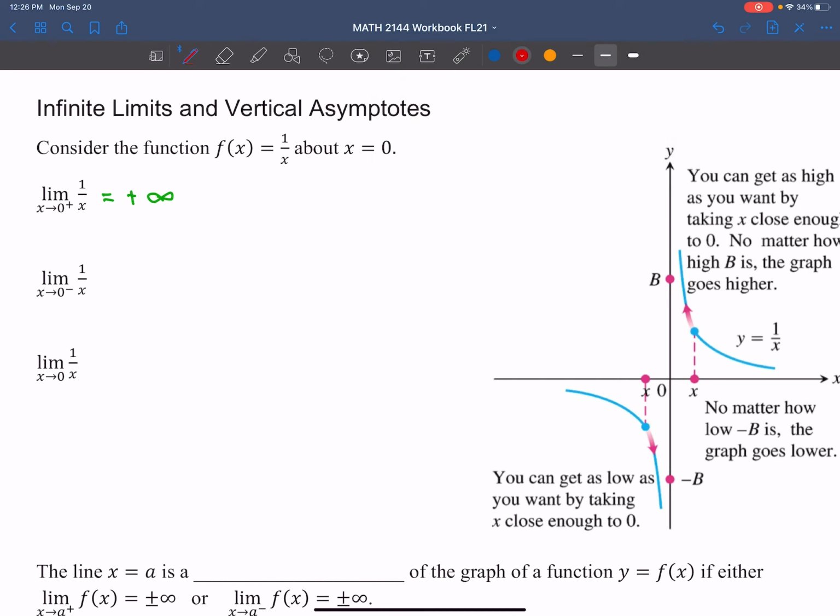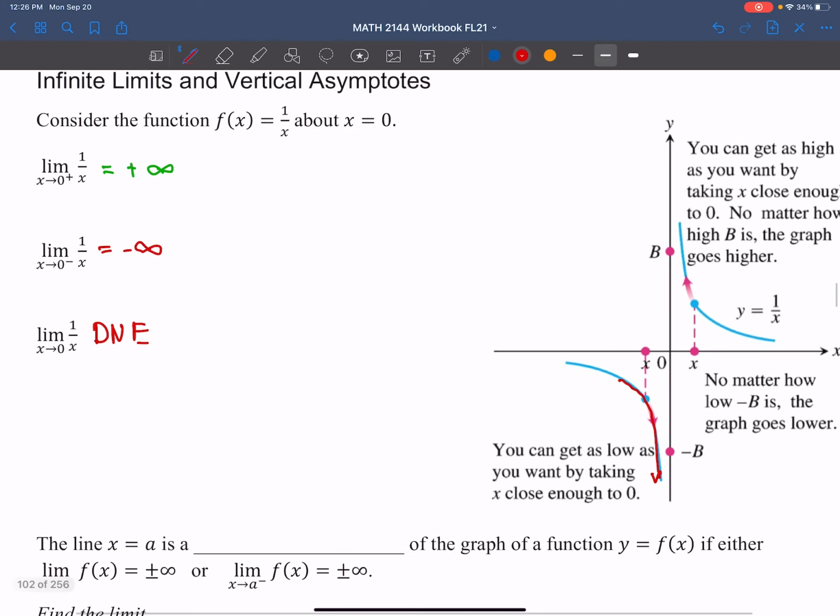But consider as x approaches 0 from the left-hand side, the graph is going down to negative infinity. So we do have this scenario where the limit does not exist, but we still can describe the behavior in terms of plus or minus infinity.